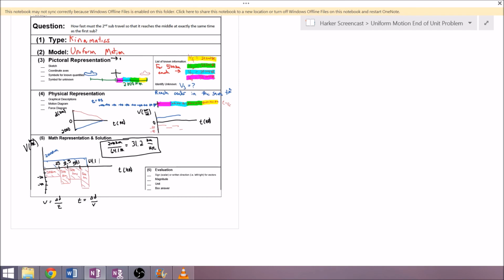Second, each of these individual steps, like when we figured out what the question was asking, thought about what type of physics would be helpful, drew a picture, figured out what we knew and what we didn't, and started working on the graphs and the physical representations, are by themselves very simple, and I don't see any reason why you couldn't do those steps even if you didn't completely know how to do the problem, or you didn't know how to get to the answer.